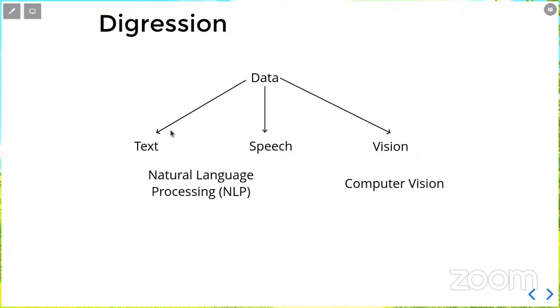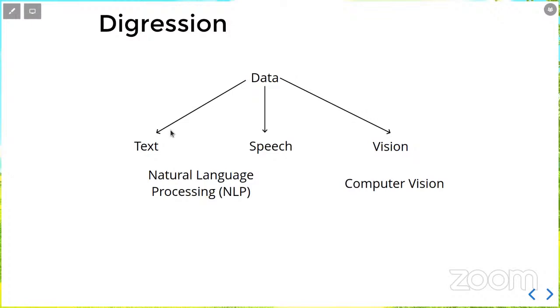So if you're working with text or speech data, you'll be in the area of natural language processing, right? So how do you make a machine understand text? So things like machine translation. So whatever you see Google doing, right? Do you want to translate this page into Hindi? So if a machine translation model is behind it, some ML algorithm is being applied on text data.